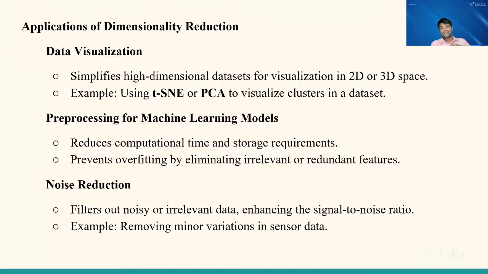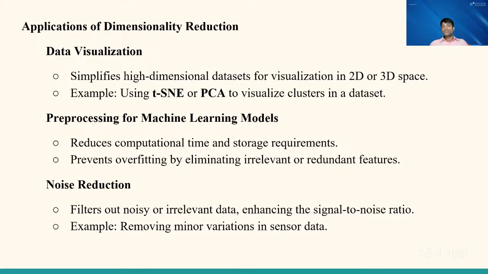So applications, data visualizations and all this, we have already discussed. This is where we apply it in different fields. Particularly in data visualizations, noise reduction and signal processing is one area where we use machine learning, particularly dimensionality reduction, removing the minor variations in the sensors.